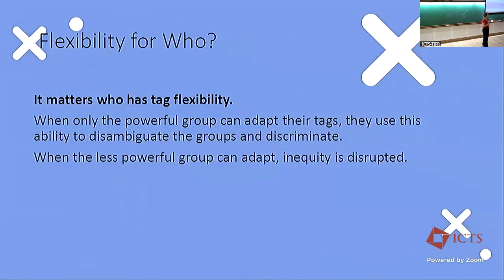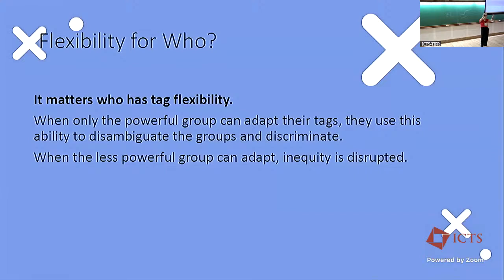Oh, I thought I had a figure for that. So the way we did these models was identical to the ones I just described, but we only allow one group to do outgroup tag imitation, or we only allow the other group to do it. And if I had put the figure up, you could see that allowing the less powerful group to do it would make a much bigger impact on how much discrimination you see coming out in the model.